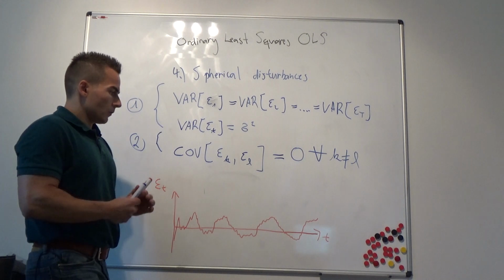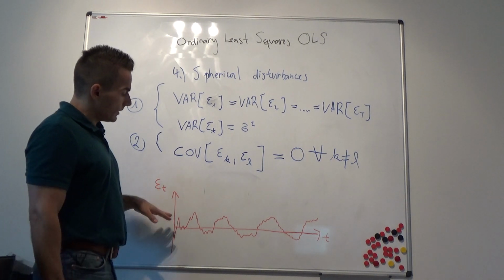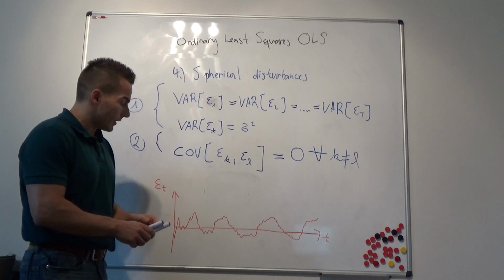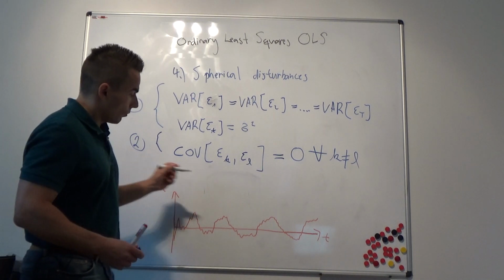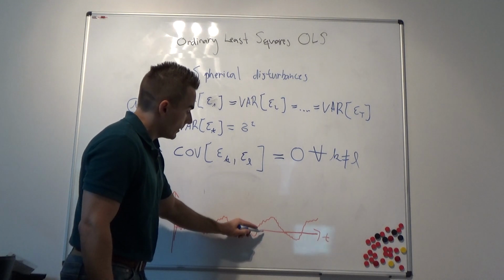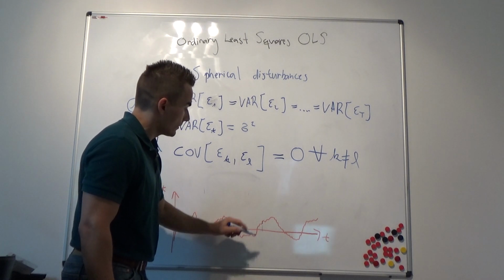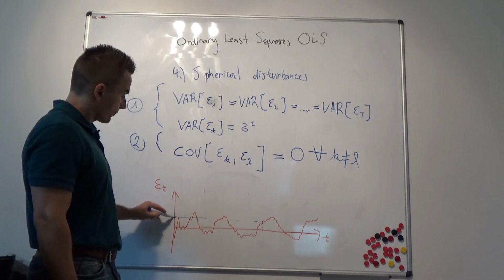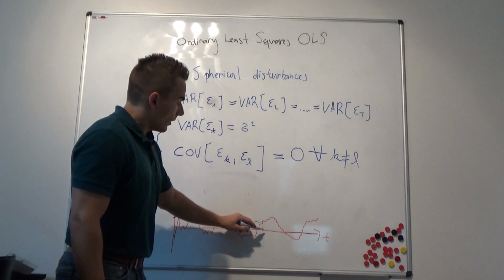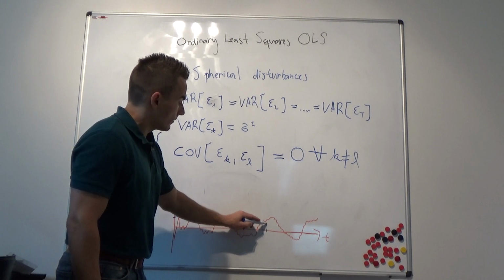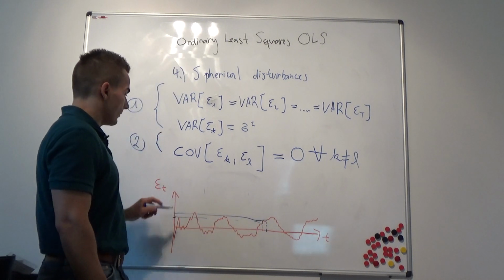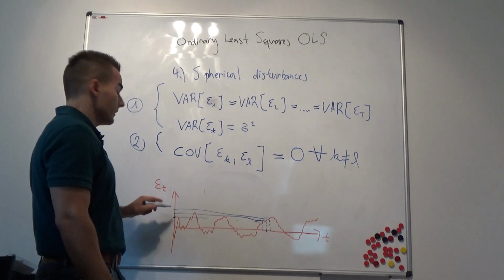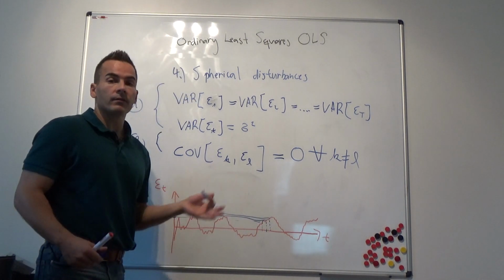What's going on here? Once we are at this point in time and the residual is positive, in the next time period the residual is positive as well. Next time period the residual is still positive.